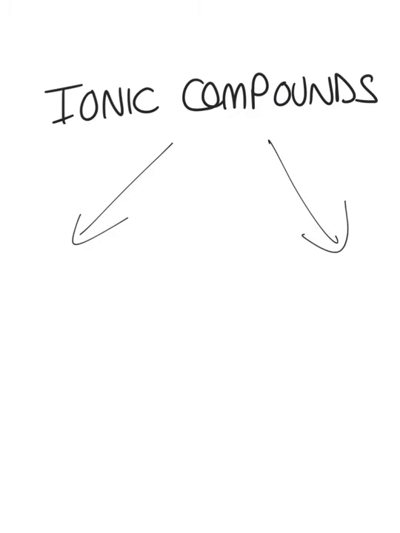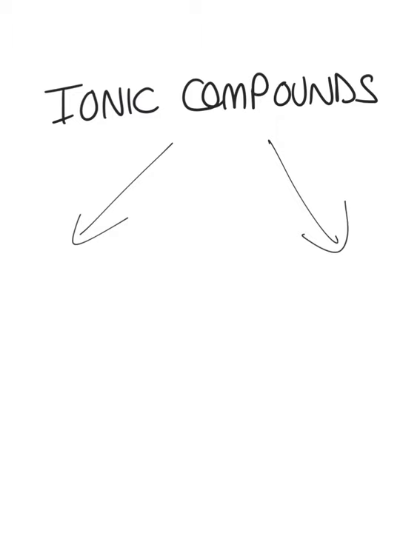Let's start off, really quickly, I feel like I say this word all the time, with ionic compounds. Ionic compounds are what are split up using electricity in electrolysis. Why I'm talking about ionic compounds is because they are made up of ions, and it's the ions that you write into these ionic equations.